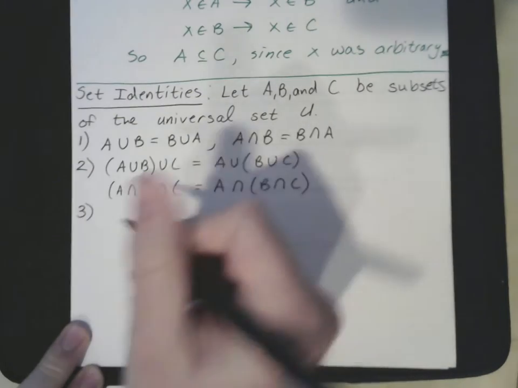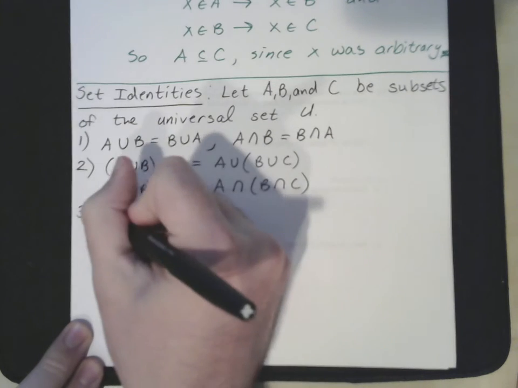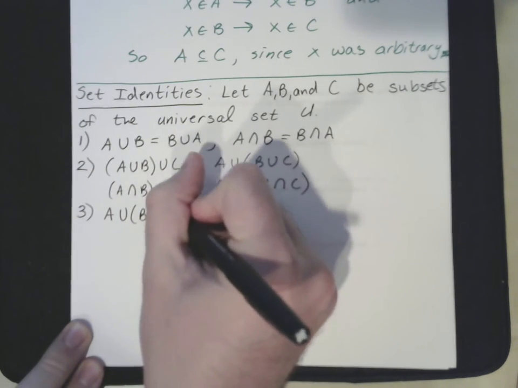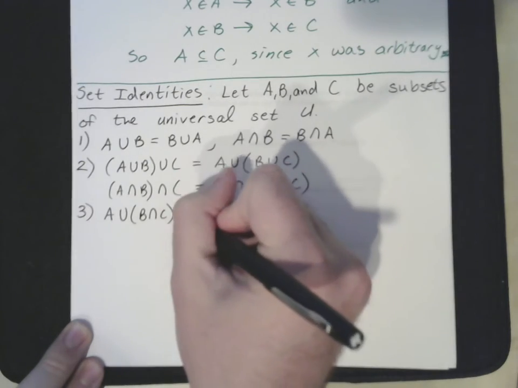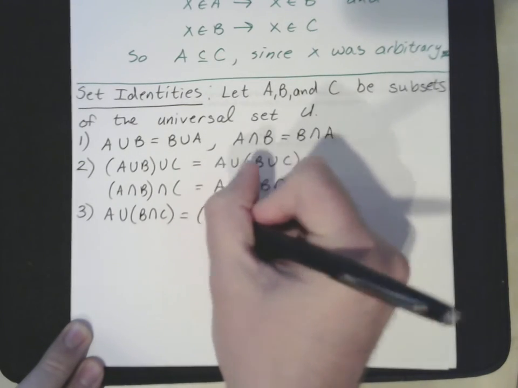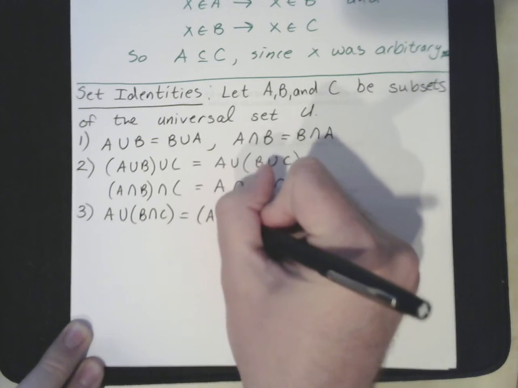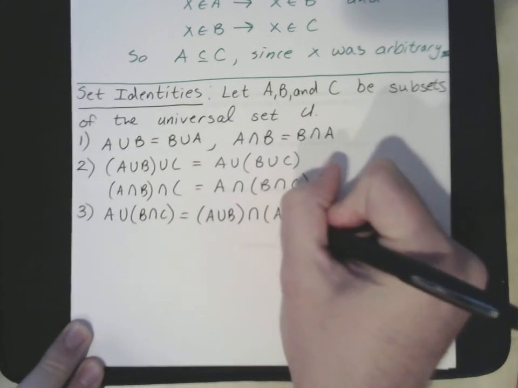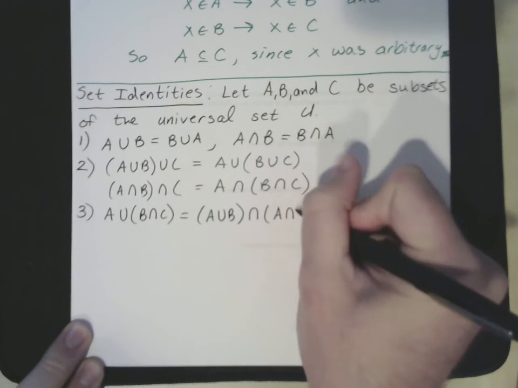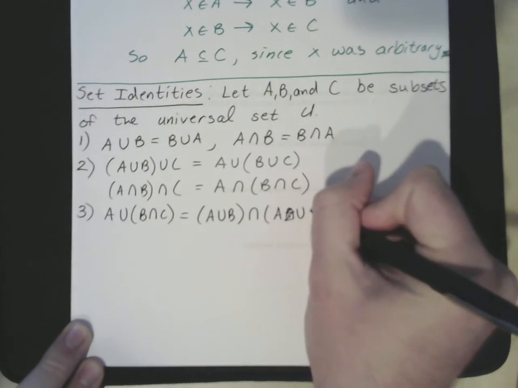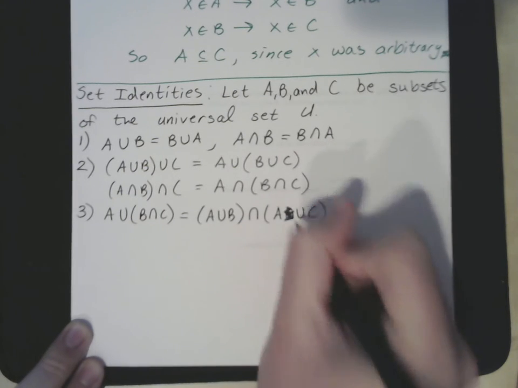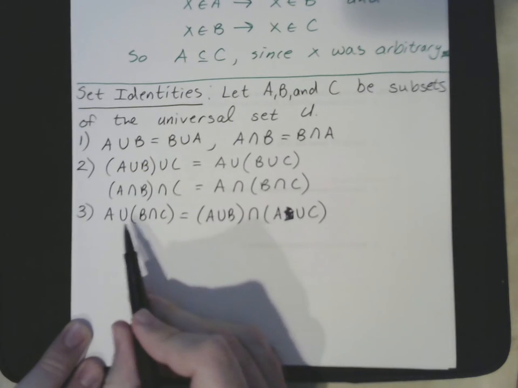Our third property is A union, parentheses, B intersect C, equals parentheses A union B, intersect, A union, whoops, not intersect, union C. So you can think of this as distributivity.